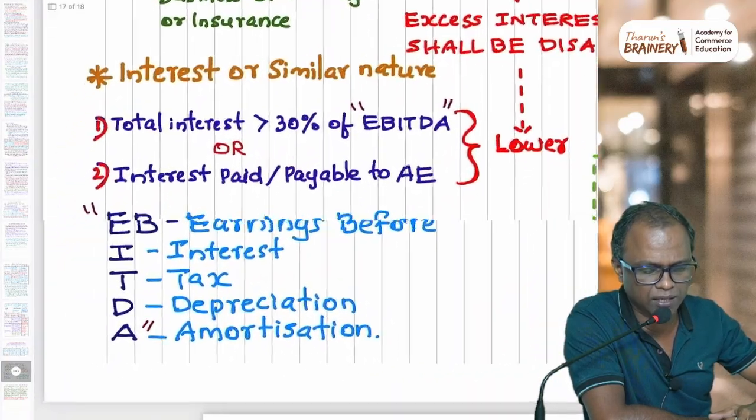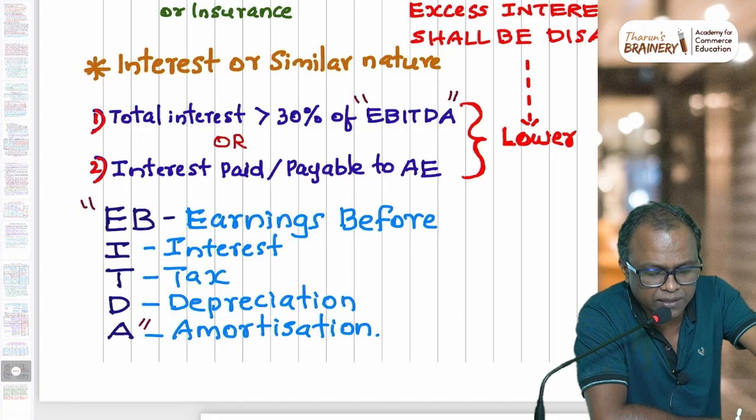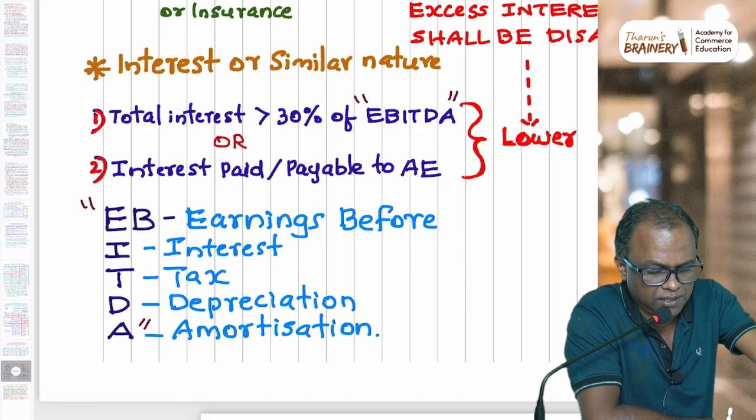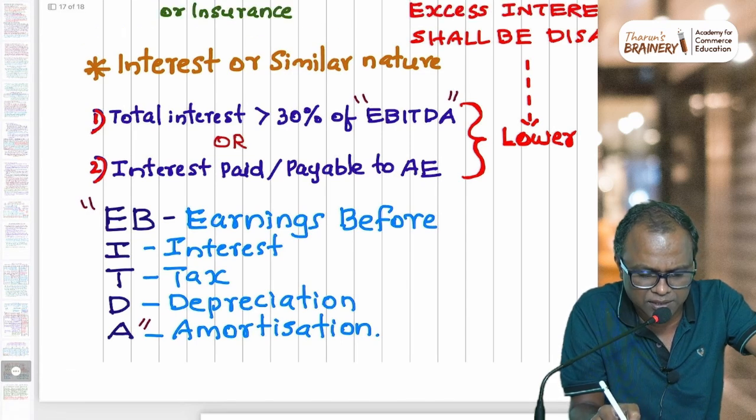And what is EBITDA? Earnings, that is profit, before claiming interest, before claiming tax, before claiming depreciation. Depreciation includes additional depreciation also. And before claiming amortization. Under PGBP there are certain amortizations.